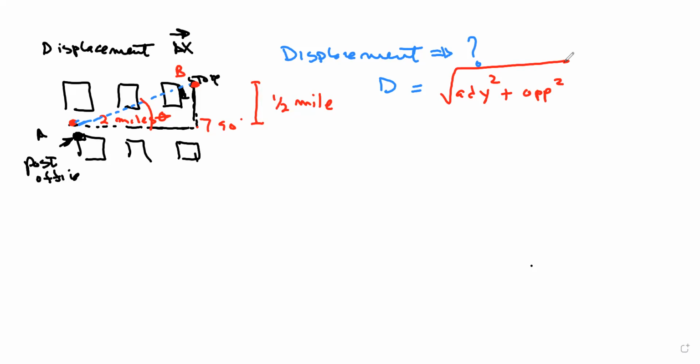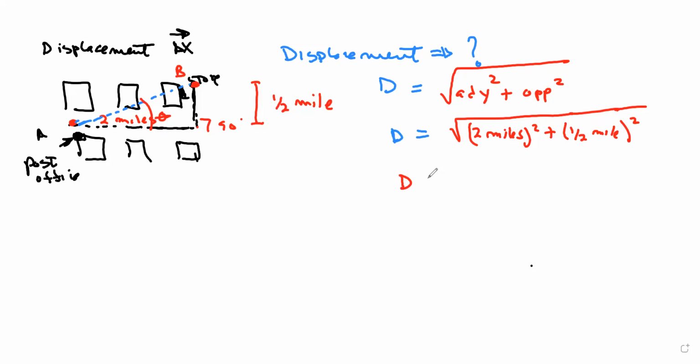So your displacement is going to be the square root of the adjacent, which is your 2 miles, but you got to square this one, plus the opposite, which is 1/2 of a mile, but you got to square all that.